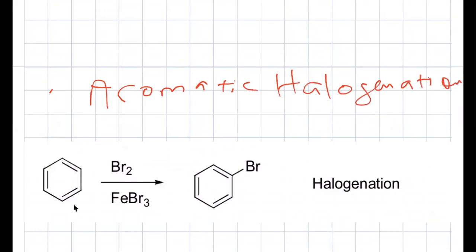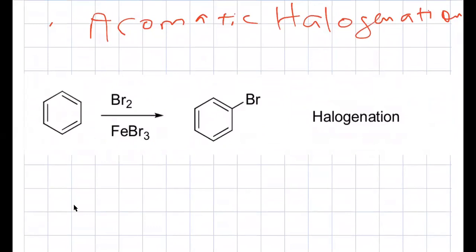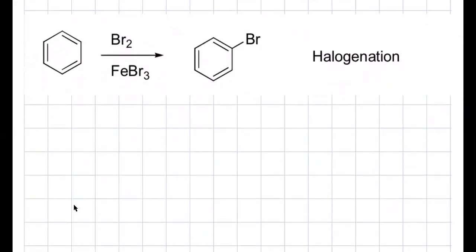All right, so all these reactions have very similar mechanisms. They all have basically 3 steps. The first step is the preparation of your electrophile. They all want to go through the same process.